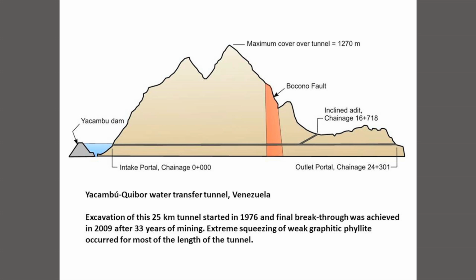The cover in this case is about 1,200, 1,300 meters, so it's quite deep, but the rock is extremely poor. It's close to a large number of major faults, and it's been distorted and deformed to the point where it has very low strength. The tunnel project was started in 1976, and it took them 33 years to mine all the way through.